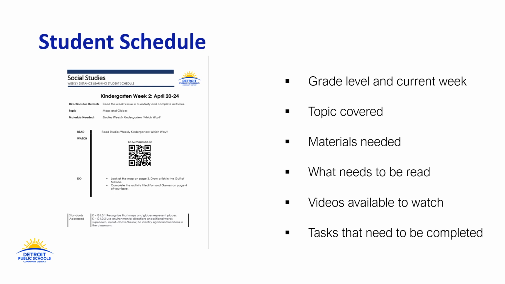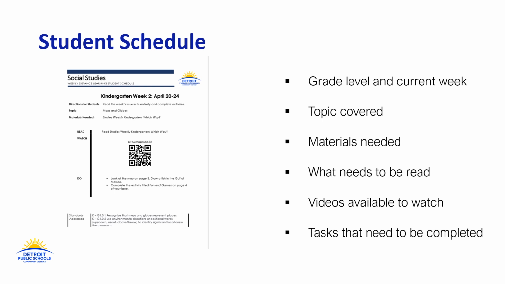The topic covered should match the same topic and title that's on your Studies Weekly newspaper for that week. It's so very important that you make sure your topic on your schedule matches the topic on your Studies Weekly newspaper.